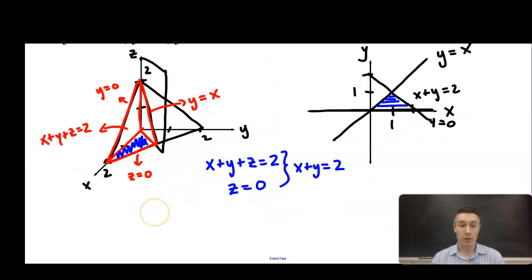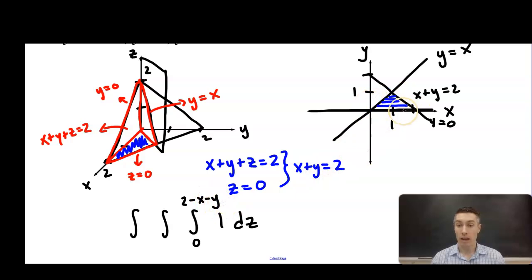So with all of the sketching we've done, we can set up our triple integral. So triple integral of 1. Projection onto the xy plane means z first. So the z equals surfaces that define the solid. At the bottom is z equals 0. And at the top is the plane x plus y plus z equals 2, which is z equals 2 minus x minus y.